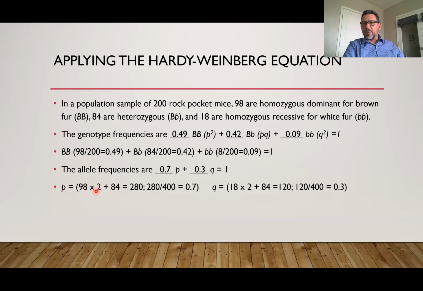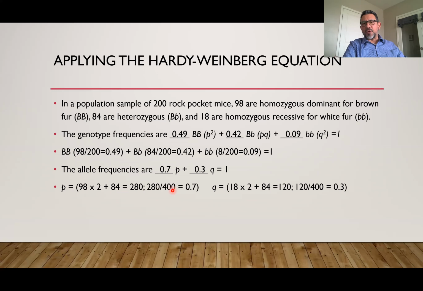But we also have more brown alleles in this population. The heterozygotes each carry 1 brown allele, so we need to add 84 brown alleles for the heterozygotes. That gives you a total of 280. Now we divide 280 over 400. Why 400?